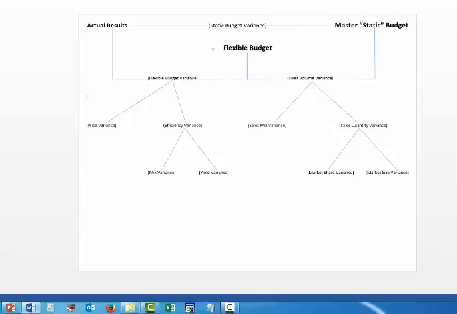The flexible budget is going to take the actual quantity from actual results, for example, 10,000 units, and then spell out what we would have expected our actual results to be if we flexed the master static budget for that quantity.